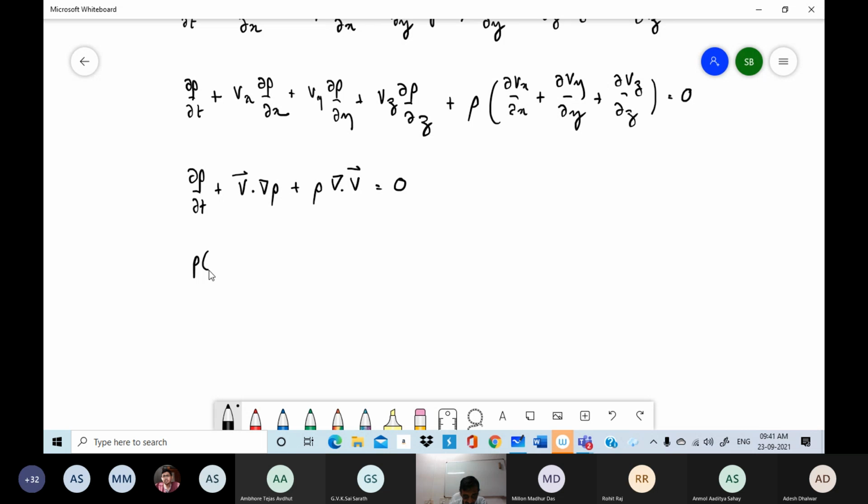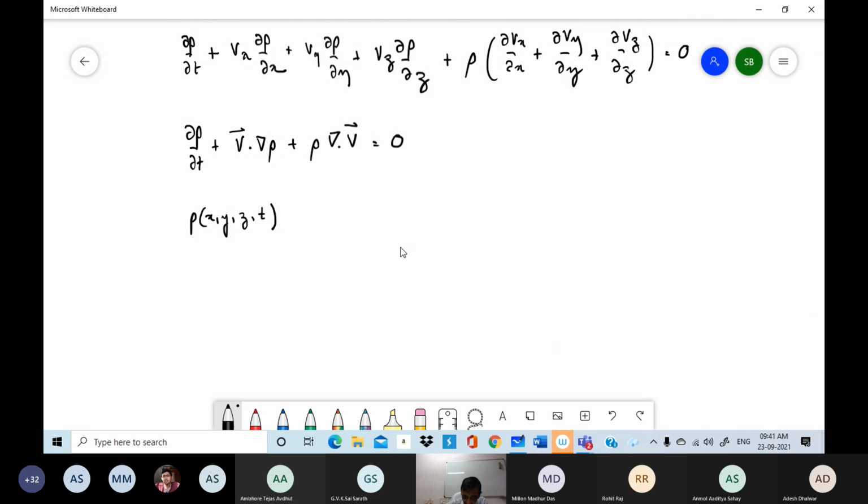So rho is specified in the Eulerian description. Now if I ask, what is the rate at which rho changes as I follow the material?